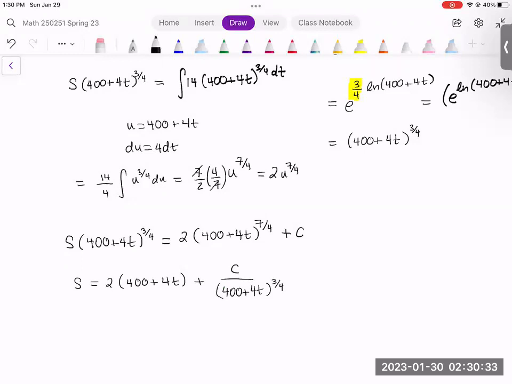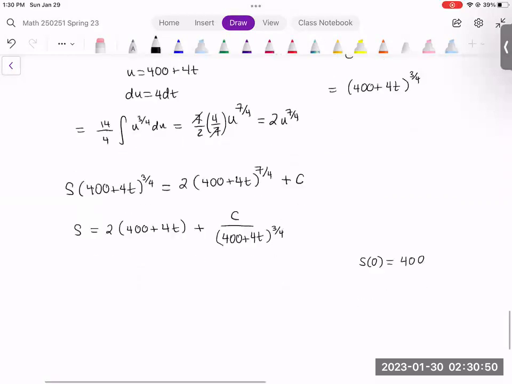Next up, we have our initial condition that we are trying to match. So we know that s at 0 is equal to 400. All right, so we're going to find our value for c. So we get 400 is 2 times 400 plus c over 400 to the 3/4.